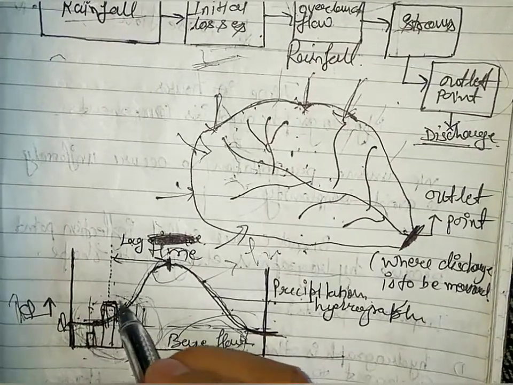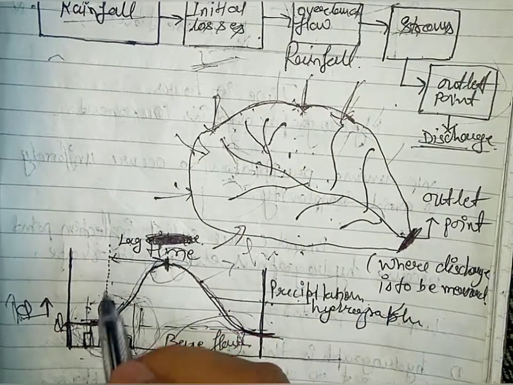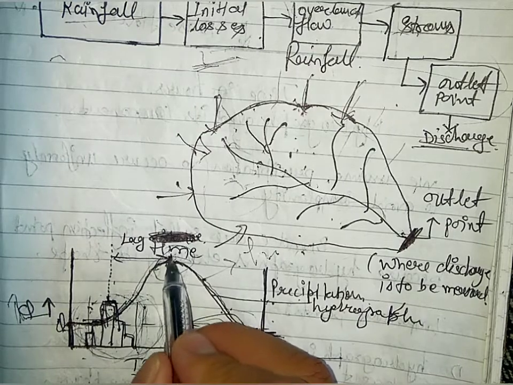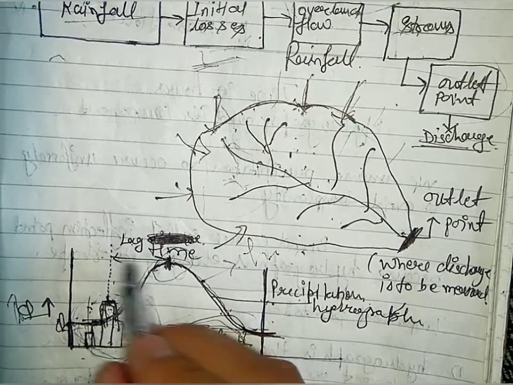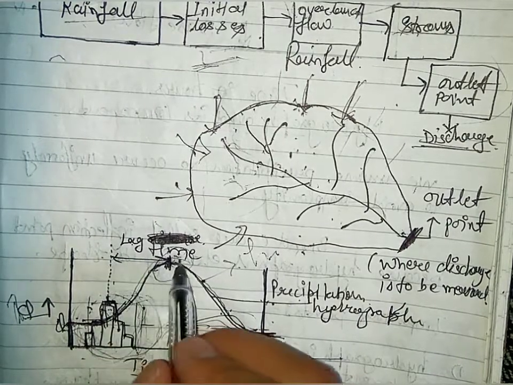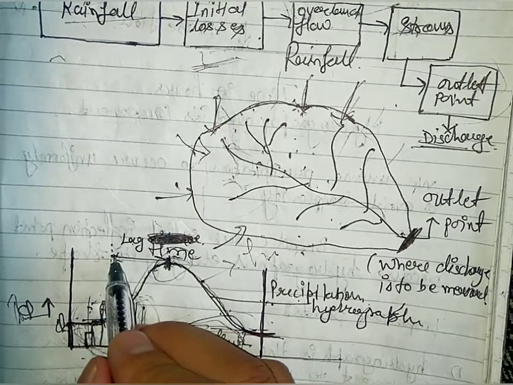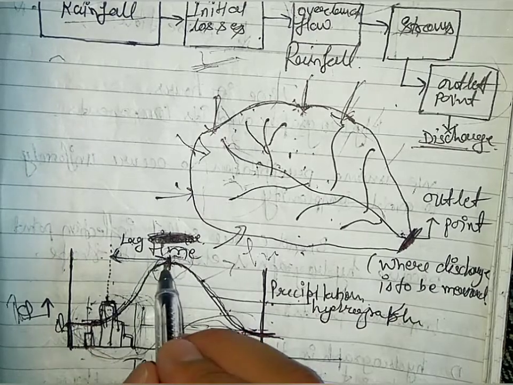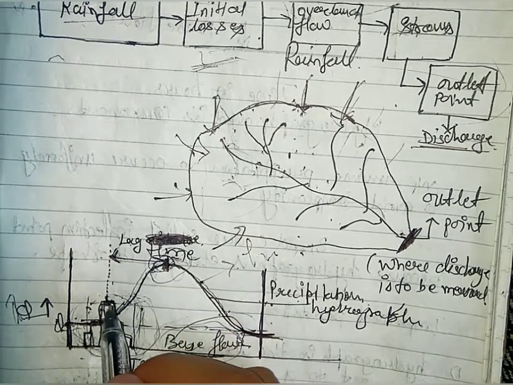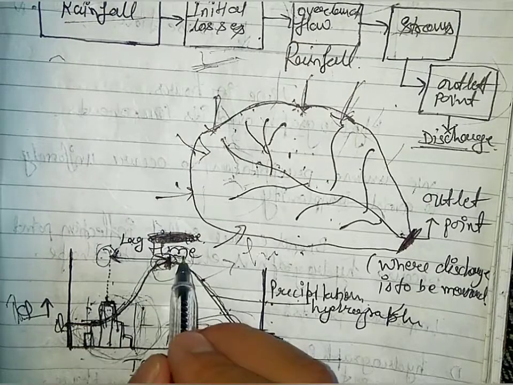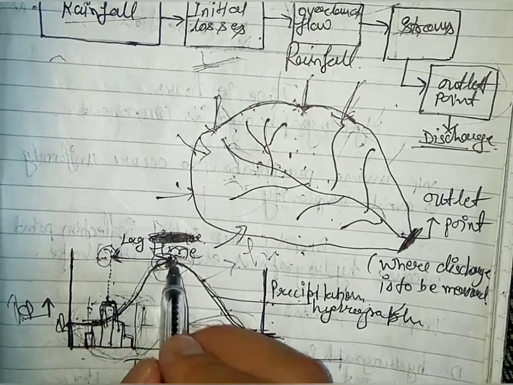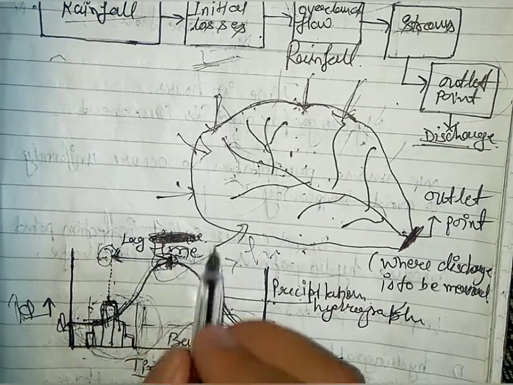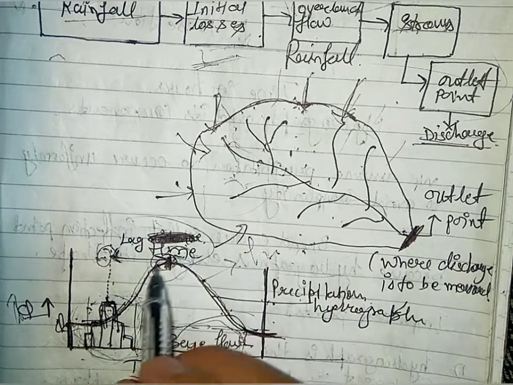You can see here the peak of the rainfall event and the peak of the discharge are lagging by some time. This time by which the peak of the discharge and the peak of the rainfall event lag is called the lag time. Why is this occurring?